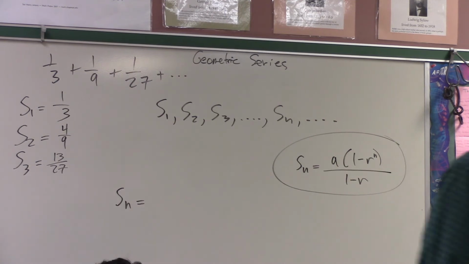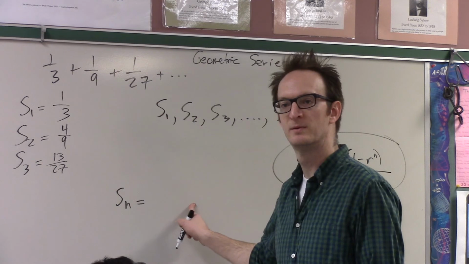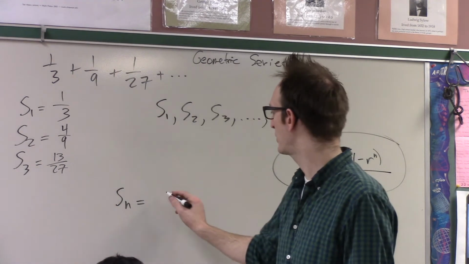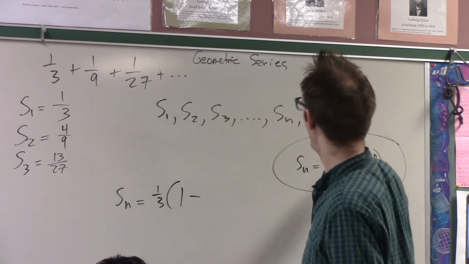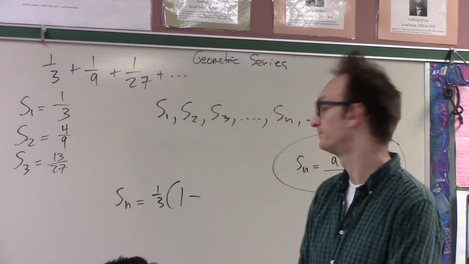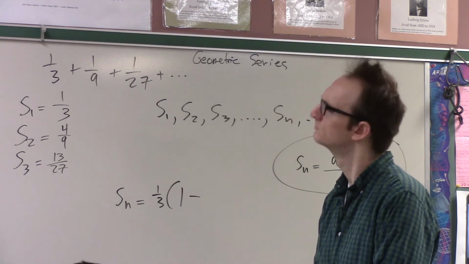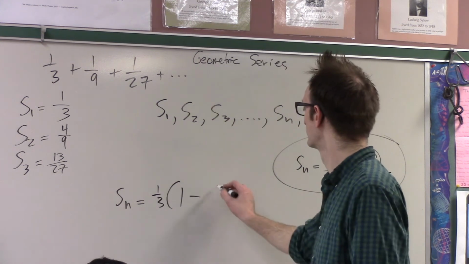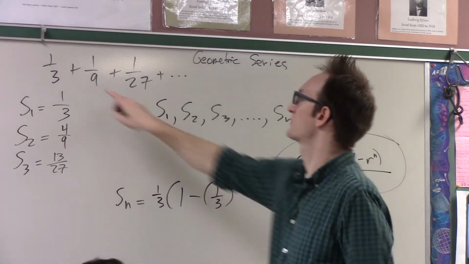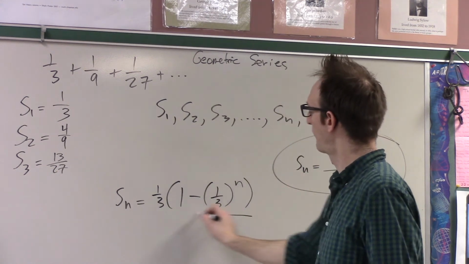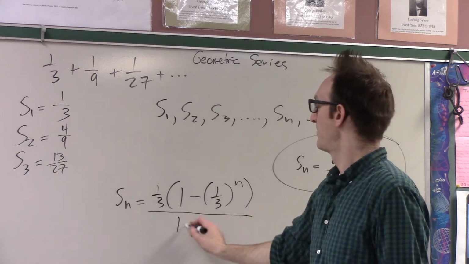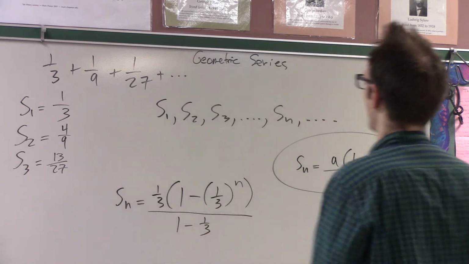Okay, so what is this going to be? Is everyone kind of with me? I'm going fast, but I think it's okay. The first term is 1/3, and then this is 1 minus, what's r? R is 1/3, right? We're multiplying by 1/3 every time. So 1 minus 1/3 to the n over 1 minus 1/3.